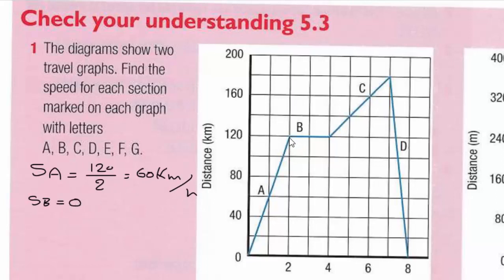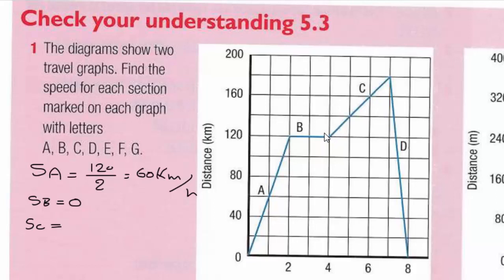SB, the speed of part B, is 0. As you see, they don't go further. It looks like they took a break here. The speed is 0. For part C, speed of section C, from 120, each step is 20 kilometers.